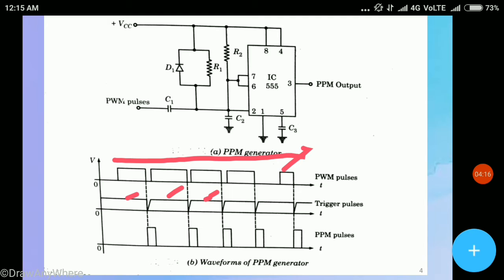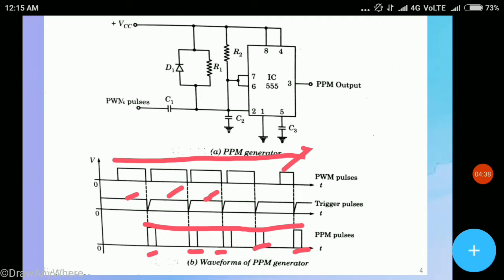When these two are passed through a monostable multivibrator, it generates pulses of the same width and amplitude. You see the widths of these pulses are the same, and the amplitude is also the same, with reference to the trigger, to give the PPM waveform as shown in this figure.